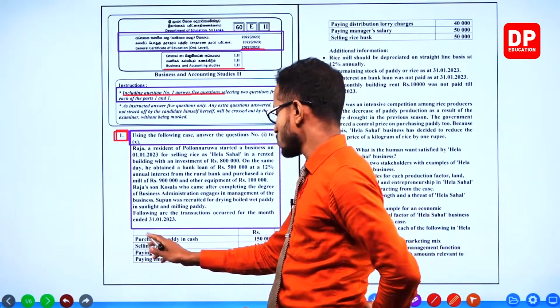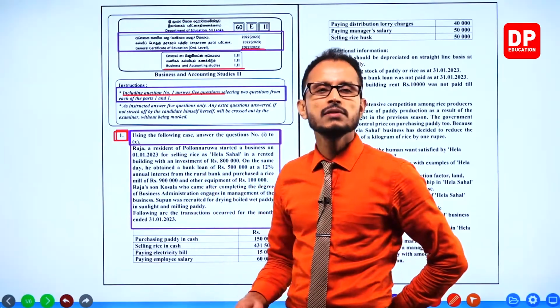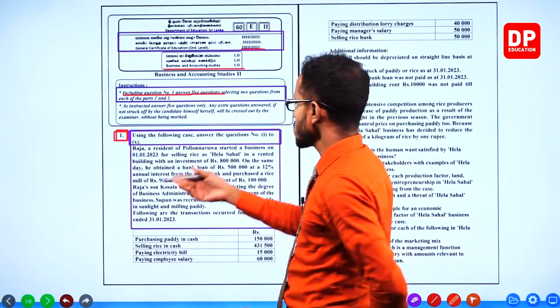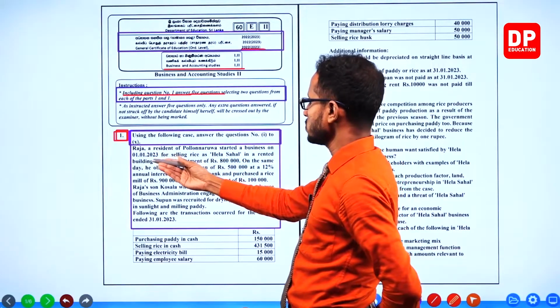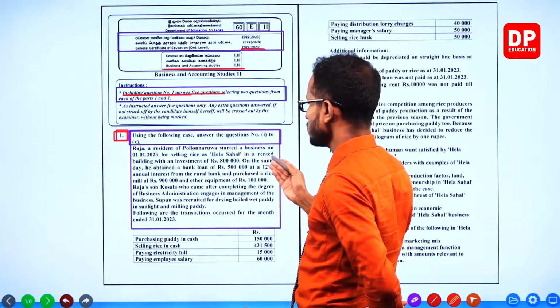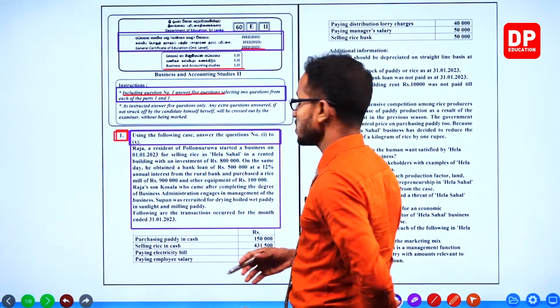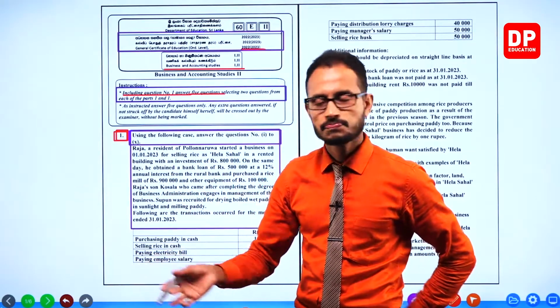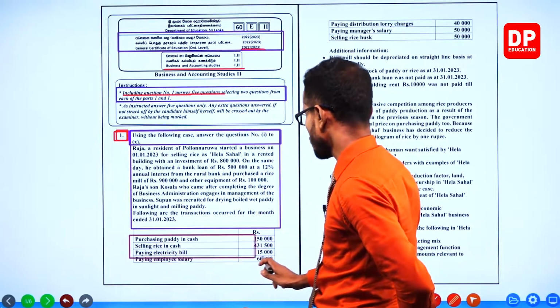In the case you will get the beginning of the business. They say Raja, a resident of Polonnaruwa, started a business selling rice, rented a building, obtained a bank loan, bought equipment, and so on. You will get a set of transactions too.